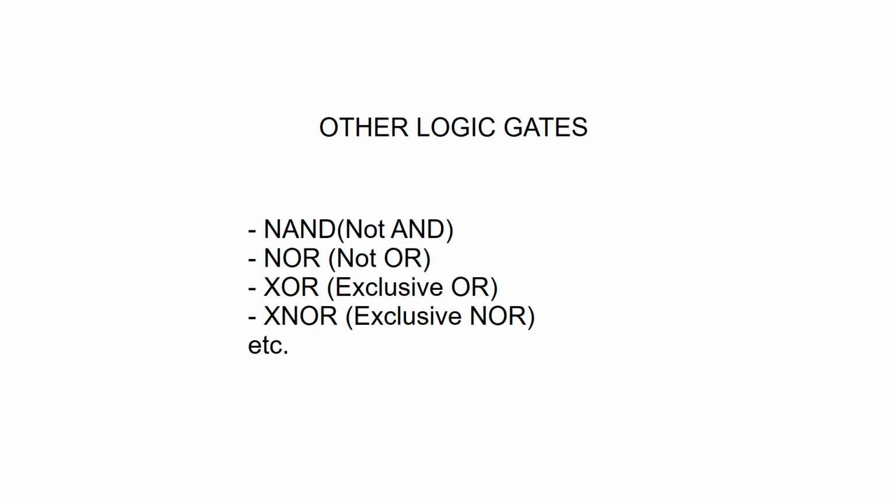We have NAND, which is not AND. We're gonna look at that probably in our future lessons. We also have NOR, which is not OR. We also have XOR, which is exclusive OR. We also have XNOR, which is exclusive NOR.